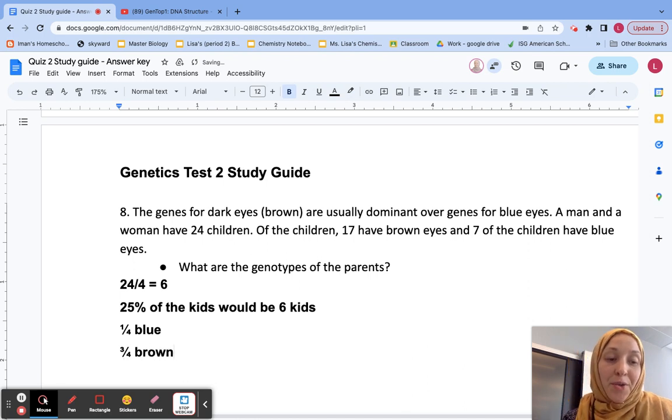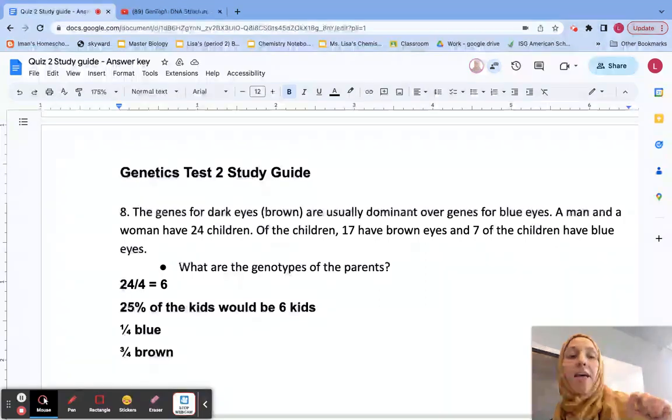So this gives me an idea of my Punnett square. If you think 6 times 3, it would be 18. Okay, so it's very close to this 1 to 3 ratio. What Punnett square would give me 3 dominant phenotypes and 1 recessive? Okay, so what parental genotypes?